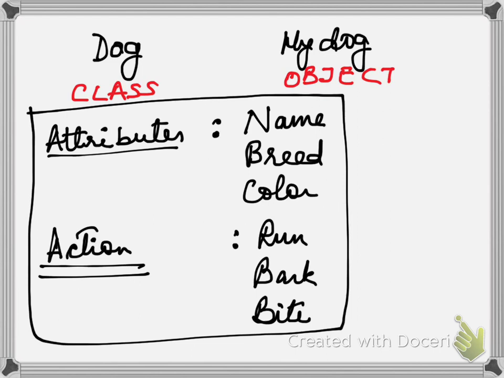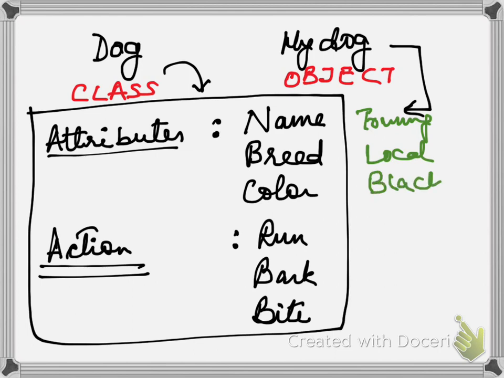The class tells us that every dog will have this. It's like the template, it's empty. Then when I have an object, say my dog, I will give a value for each of these. I will give the name as Tommy, breed as local breed, and color as black.